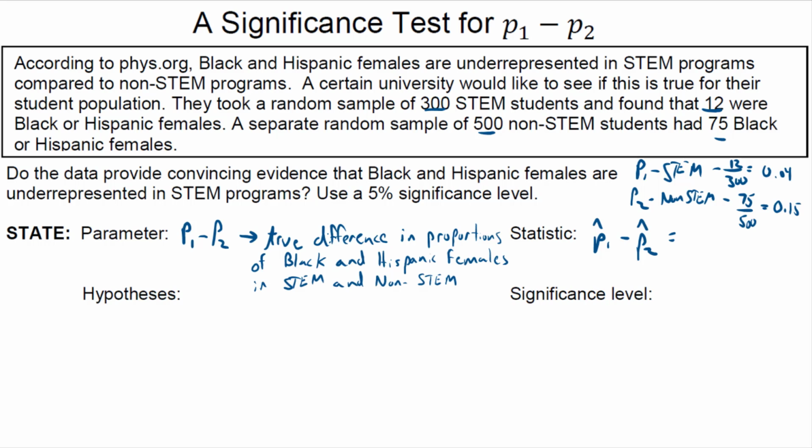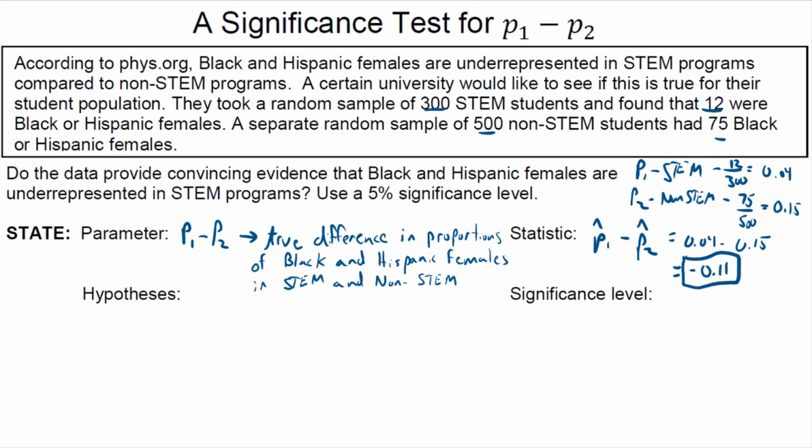So now we're going to take these two values and subtract them. So we have 0.04 minus 0.15. And that should give us a value of negative 0.11. So our statistic right there is negative 0.11.